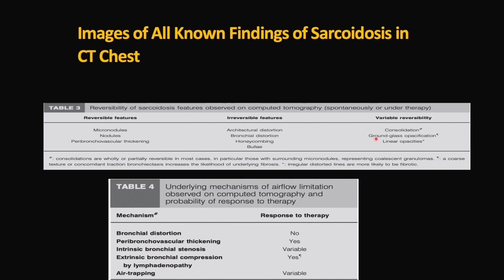Variably, the consolidations can improve on treatment, the ground glassing can improve, and the linear opacities can improve. So, that is very important. And when you see a response to therapy, the bronchial distortion will not improve on therapy, but the peribronchovascular thickening, the compression, and the air trapping can improve on treatment.